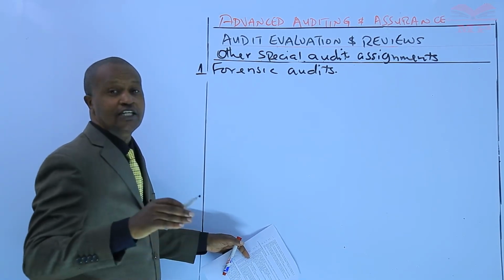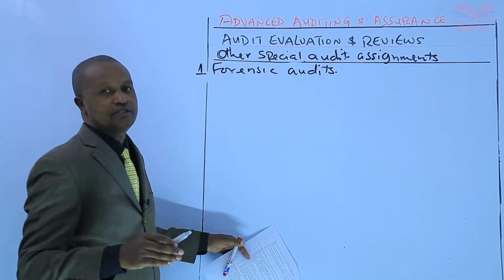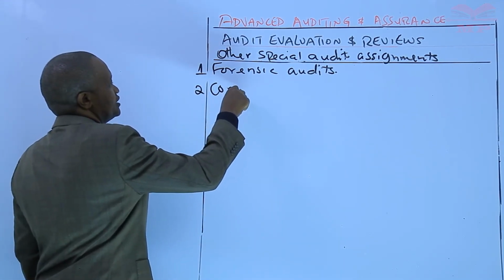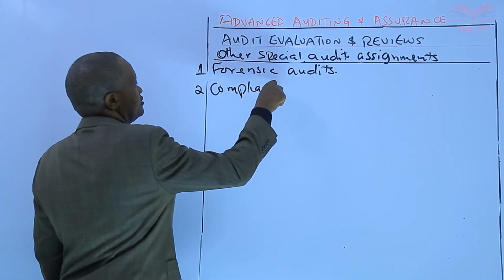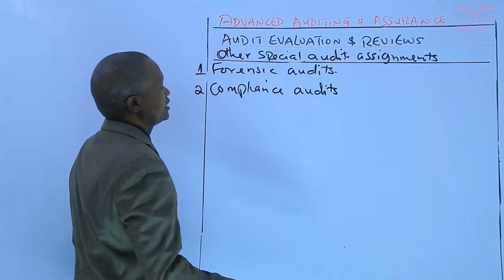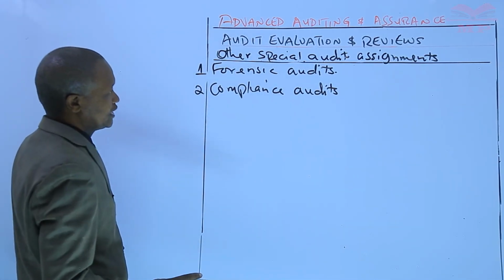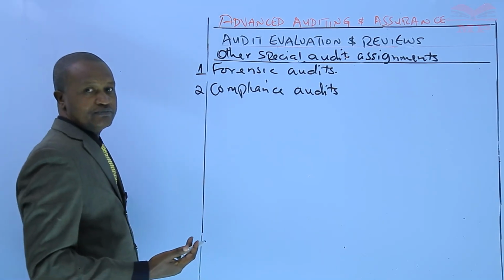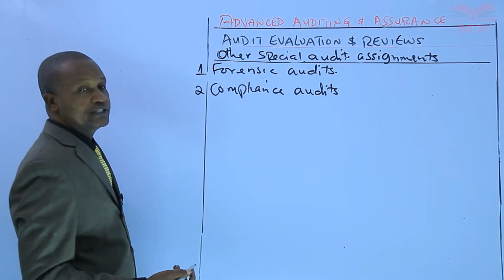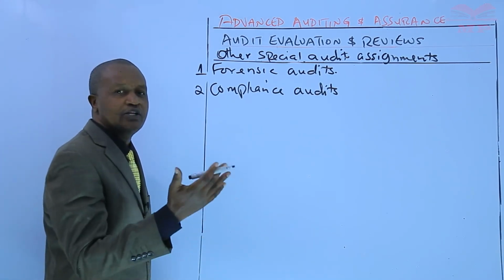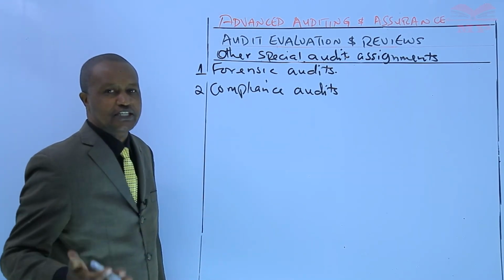That's forensic audits. Then there is number 2, compliance audits. This is another example of a special audit assignment. The auditor may carry out compliance audit. And compliance audits assess an organization's adherence to specific laws, regulations, and industry standards.